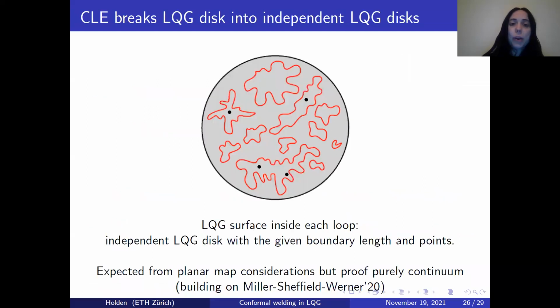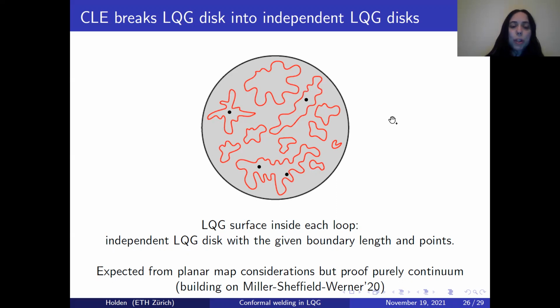Okay, so on this slide you can see the object that I was introducing on the previous slide. For this object, there is one very interesting result that one can prove. If you look at the CLE on top of this LQG disk, then this CLE is dividing the LQG disk into a number of smaller LQG surfaces. For example, we have one LQG surface here, one here, a third here, and so on.